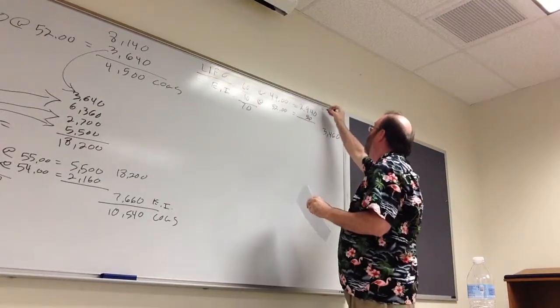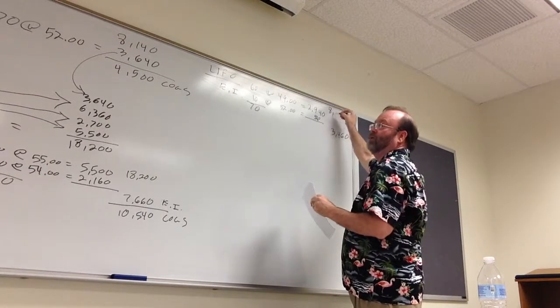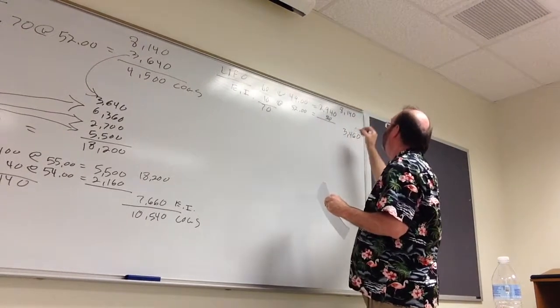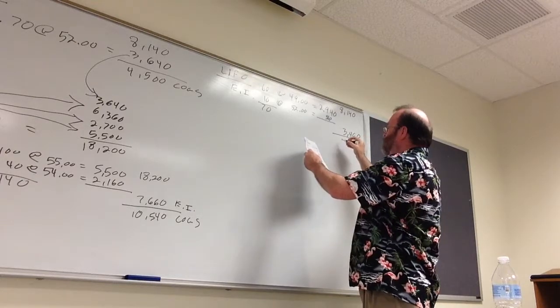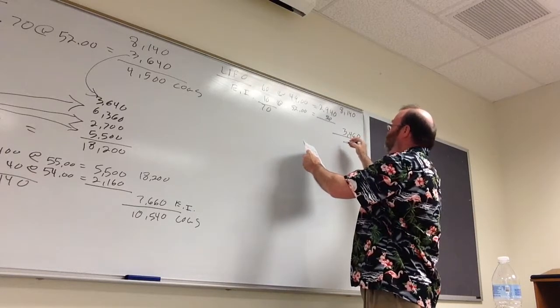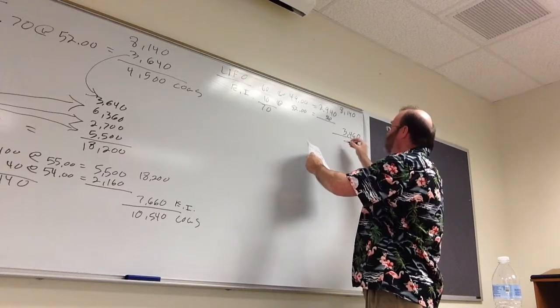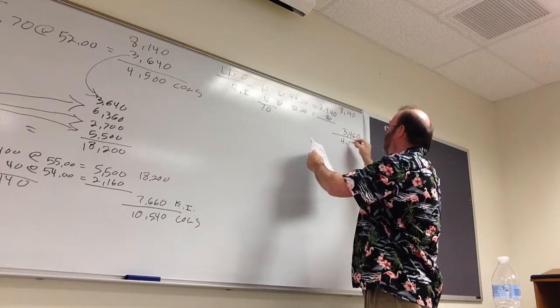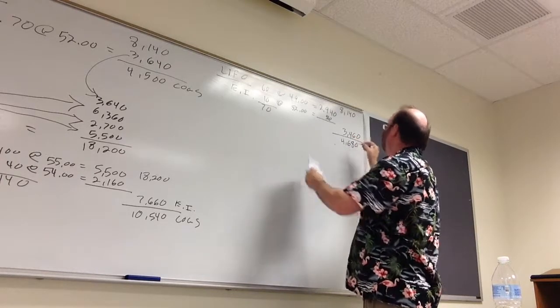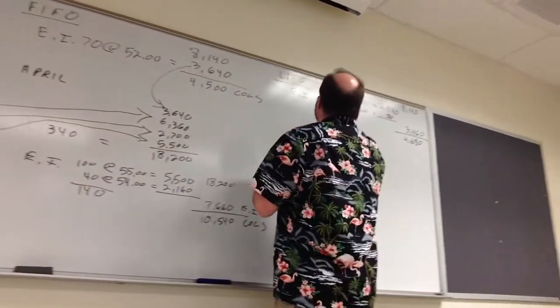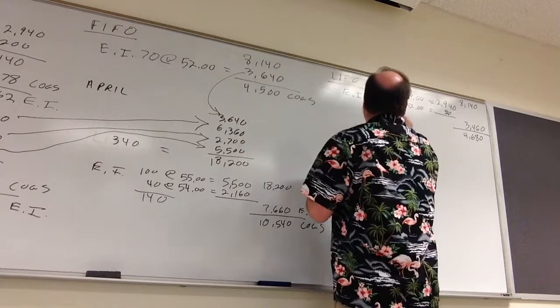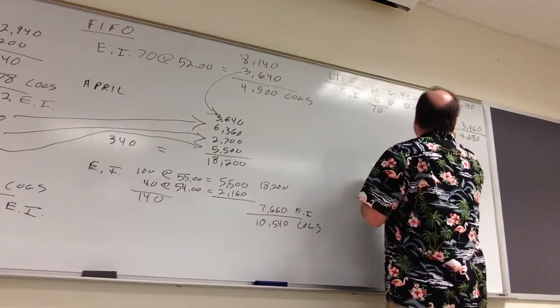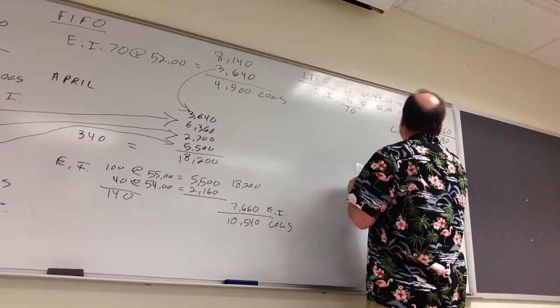We still had 8,140 for the month. So cost of goods sold is then 4,680.